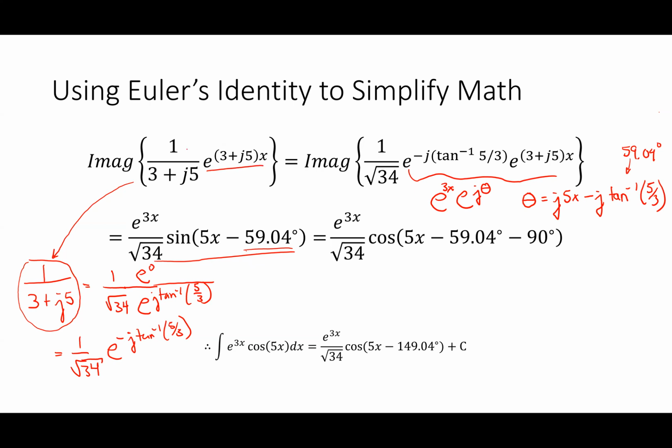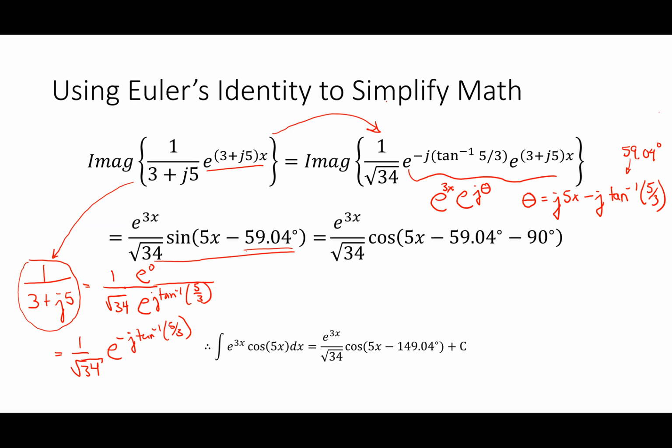So if I'm dividing, then instead of keeping it rectangular, I make it into complex exponential form or polar form, and then I'm just subtracting their angles. That's all I end up doing here, and then I take the imaginary part of the result. It's one of those things you just gotta do and practice, and that's how it comes to you. More questions there?